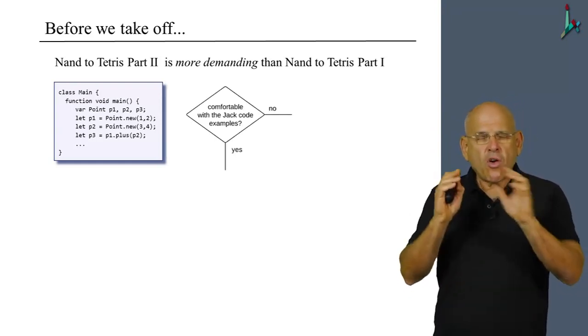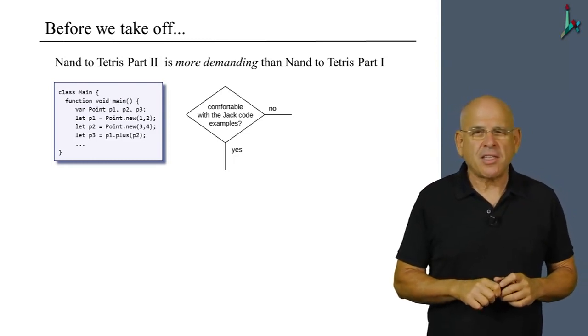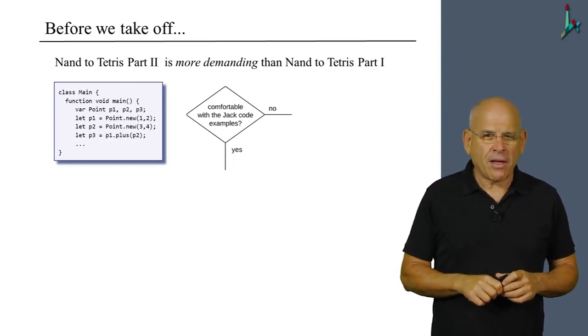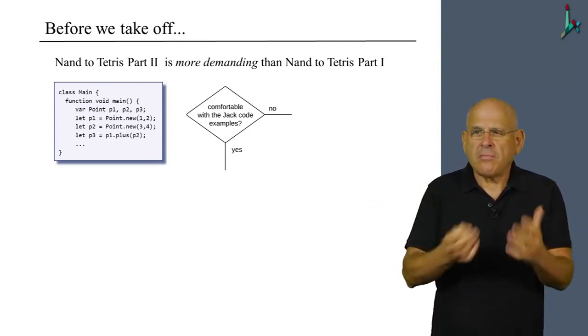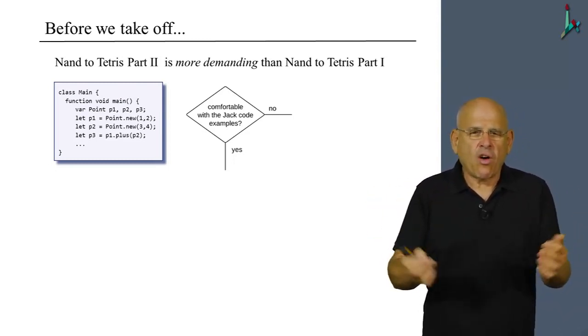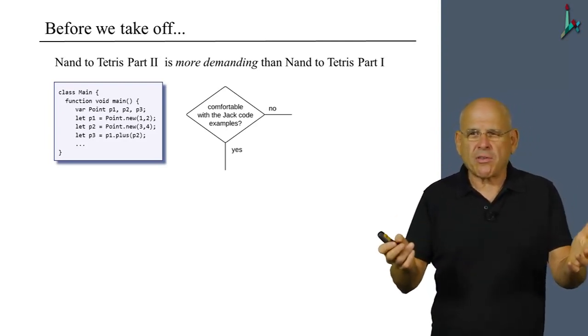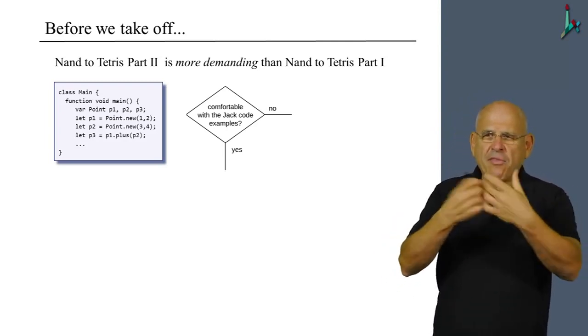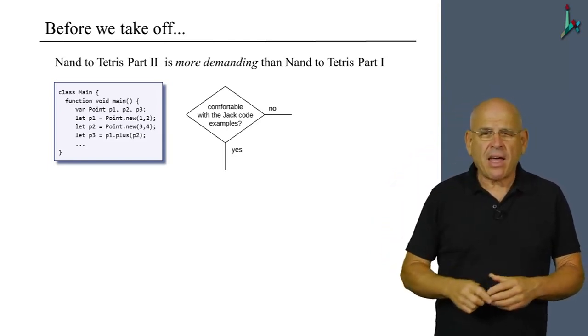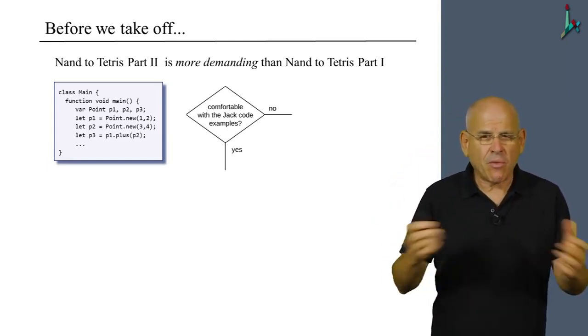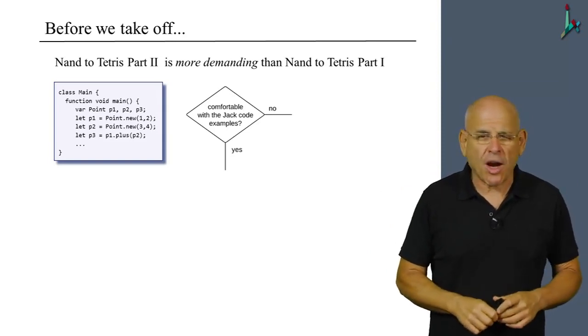Are you comfortable seeing these programming examples? Do you feel comfortable with things like objects and constructors and reference variables and applying a new operation in languages like Java or C#?